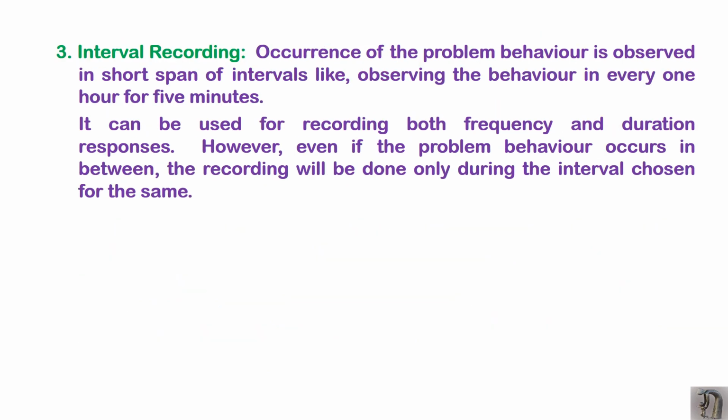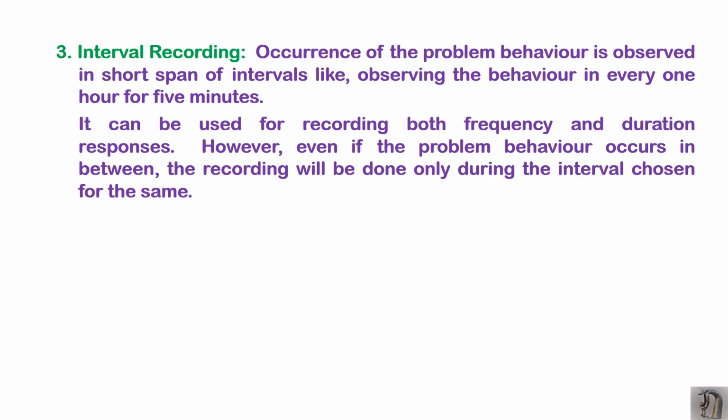Now the next one is interval recording. The occurrence of problem behavior is observed in short spans of interval, like observing the behavior for 5 minutes in every 1 hour. It can be used for recording both frequency and duration.